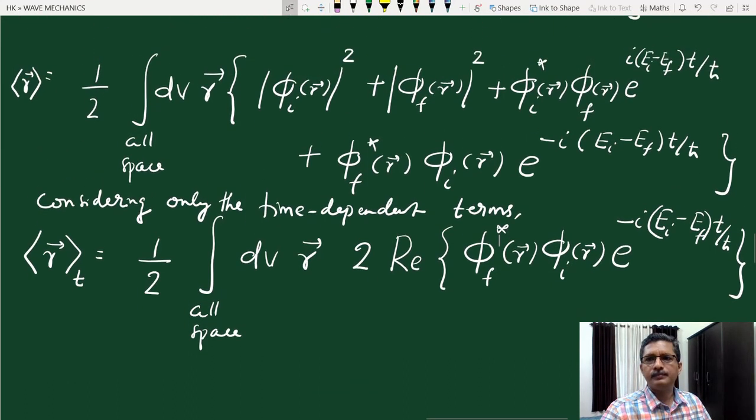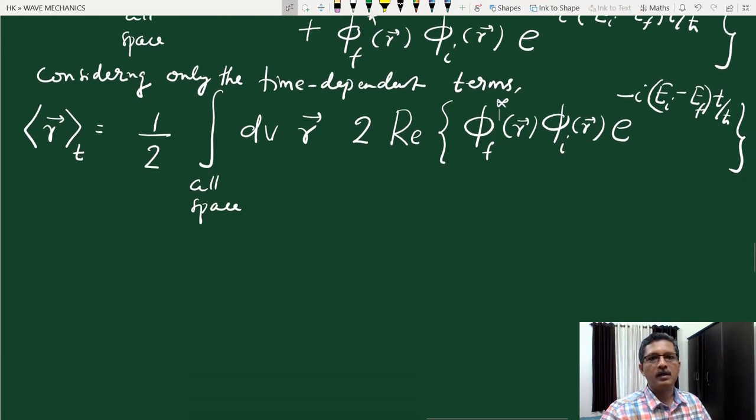So we have combined the third and fourth terms, and we get twice the real part of one of these terms. That's why I have chosen the fourth term. Now this 2 and the half will cancel, and this integration is over space, which means the integration is position dependent. So the time dependent part we can take outside the integral.